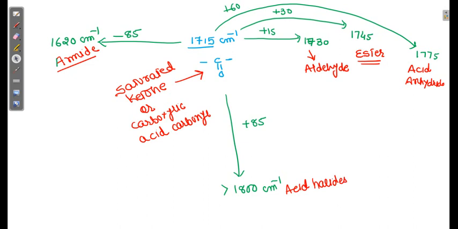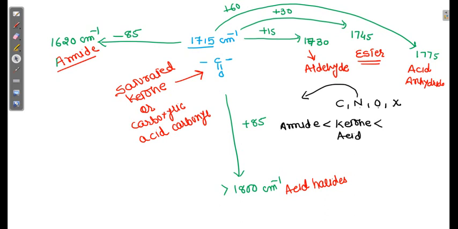So I have told you this in both ways, to recall it and to understand it conceptually. Another way to remember is we have carbon, then nitrogen, oxygen and halogens. So I can say nitrogen is here, so amide has the lowest value. Then ketone and acid. So after nitrogen we have oxygen. Then with oxygen we have a hydrogen, so I can say aldehyde.